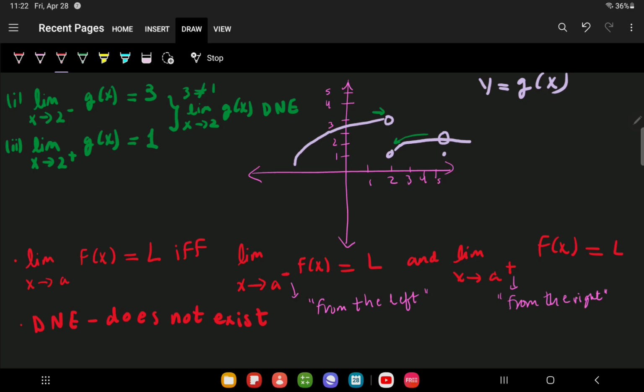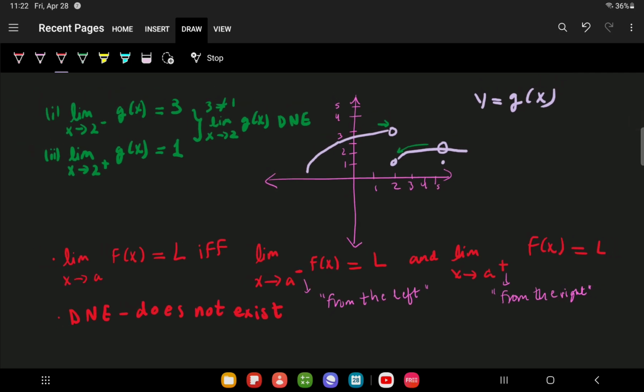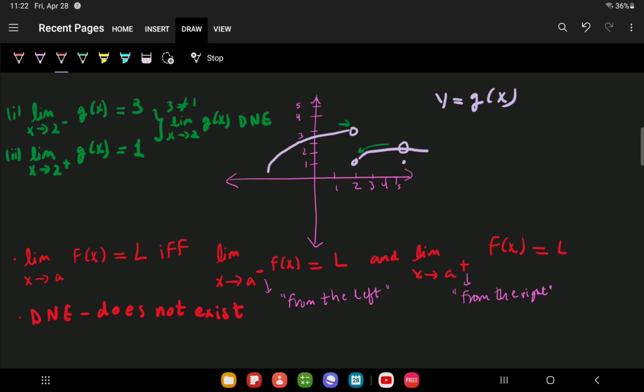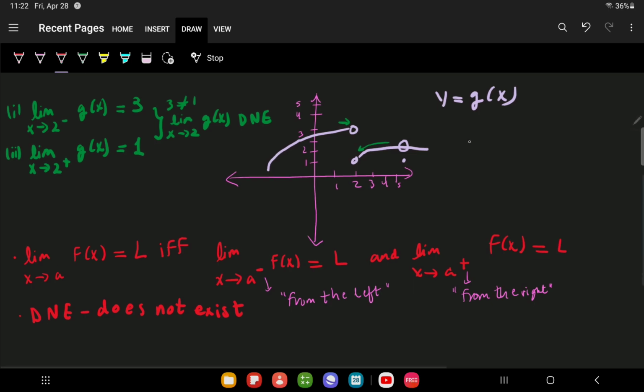Alright, let's do another one. Let's look at x equals 5. The limit as x approaches 5 from the left: now what's happening here?